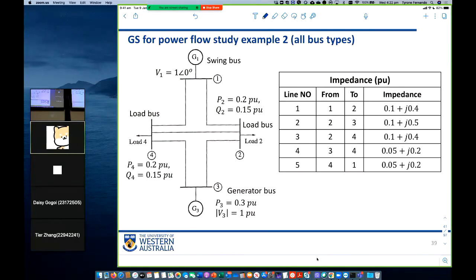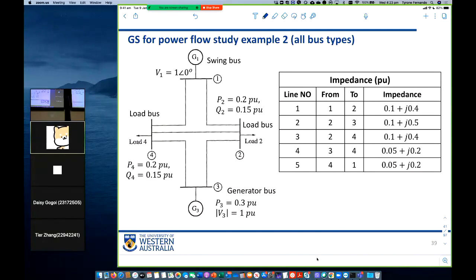So I'm just trying to think. You're doing fault stuff? Not yet. That's the next year. This is still load flow.